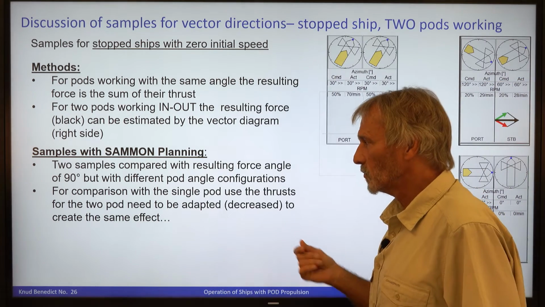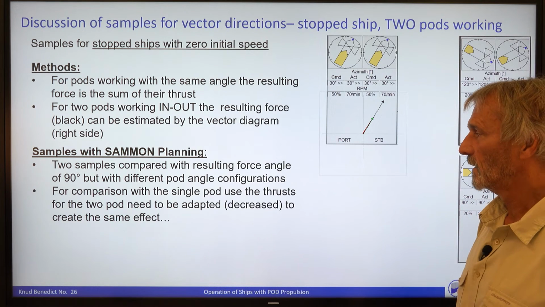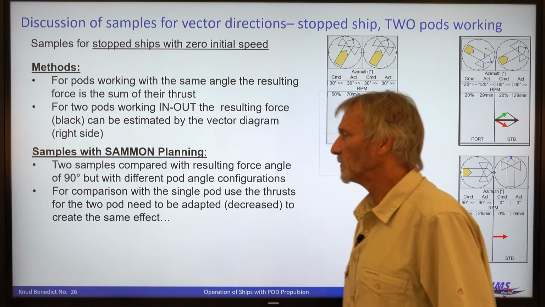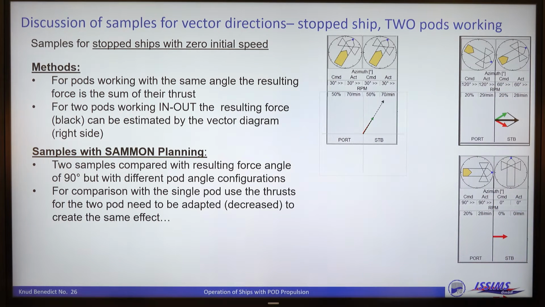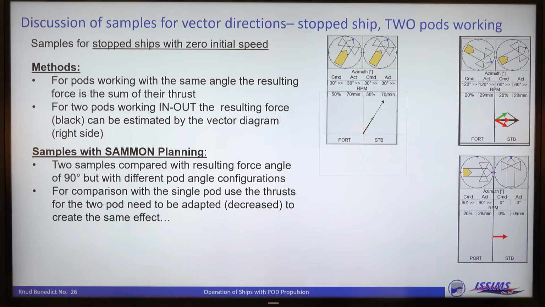The idea is to compare two samples, for instance, with a resulting force angle of 90 degrees, but with different pod angle configurations. For instance, if you use the single pod, and you are now using the two pods like this here, then we need to get the same result from this one. We would need an adjustment of the thrust, because if we leave the same thrust as for the one pod, then the total vector would be too strong.